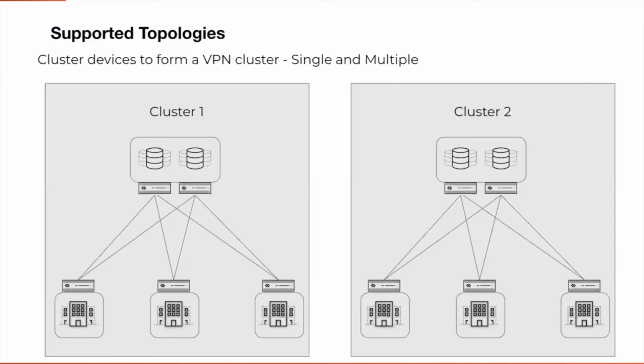Most customers have regional data centers and branches in every region, so they would want branches connected to those regional data centers. Going with the same concept, we came up with clusters, where you can have multiple clusters relating to branches and data centers in every region.